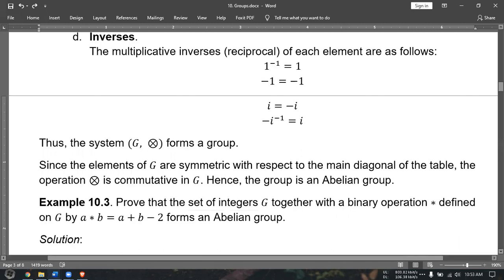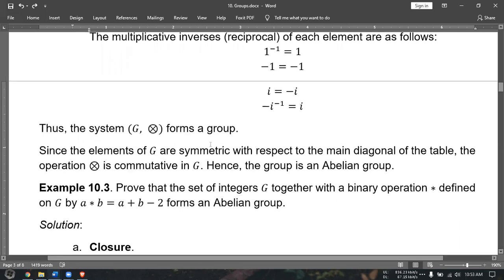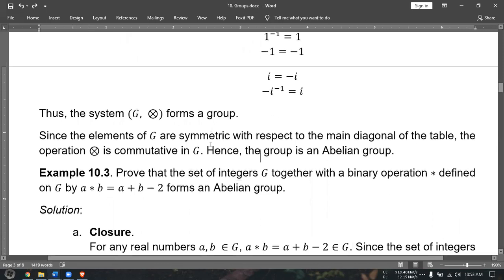So first, the closure property. Of course, you cannot construct the table since the set of integers has infinitely many elements. So you can just generalize the closure property.